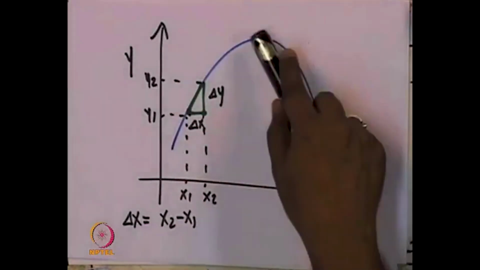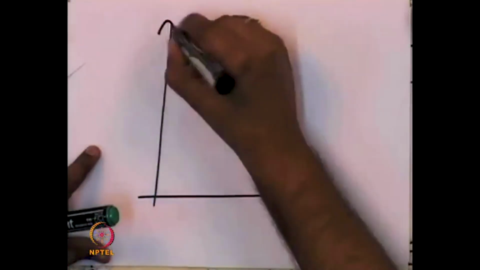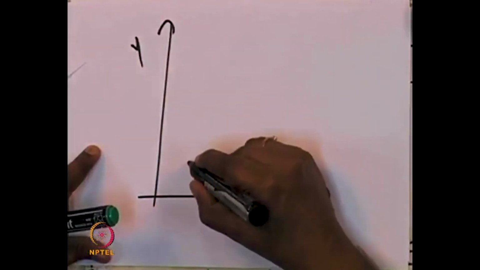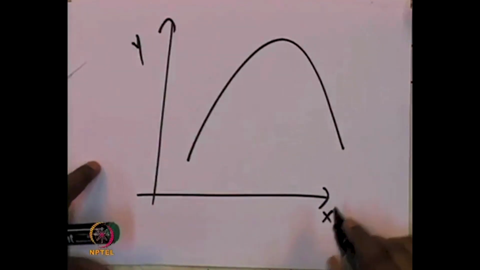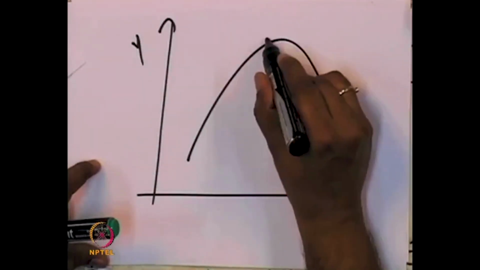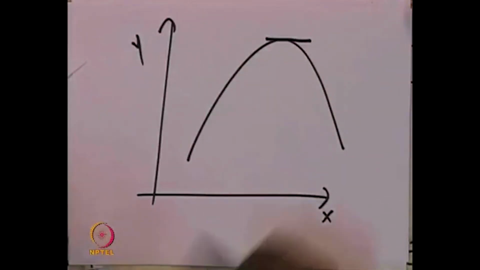Now, let us look at the slope here. So, let us again redraw this curve for the convenience of calculating this. So, let us plot x and y, and let us draw this curve, and calculate the slope at this particular point.